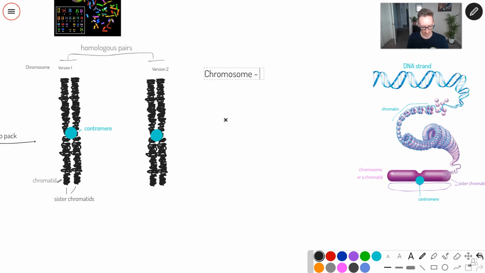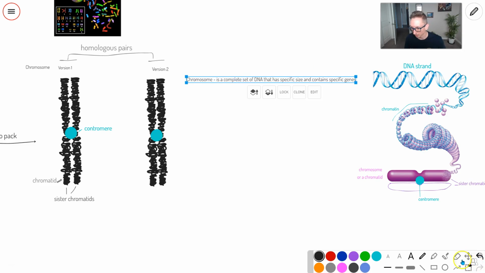A chromosome is a complete set of DNA that has a specific size and contains specific genes. Kind of a weird definition, but that's what we're going to go with. Let's say our hemoglobin gene is on chromosome 1. I don't know if it's there or not, but it's always going to be on chromosome 1.